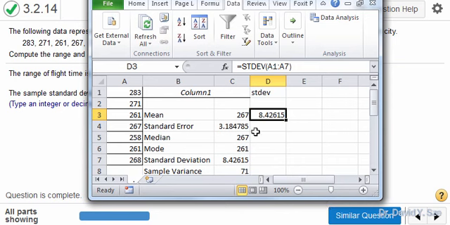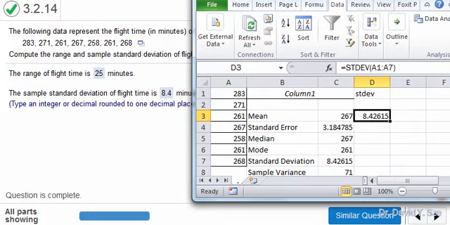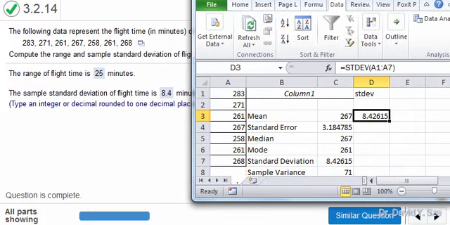Of course, it's the same number. So in a lot of cases, in Excel, we can either do a calculation as part of a larger routine, or we can do the calculation directly with one function. Of course, this is the same number as we got in StatCrunch, 8.4.